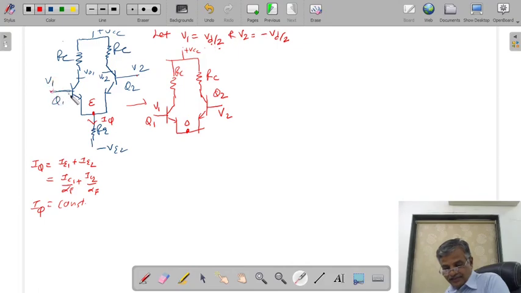Some voltage increases, some voltage decreases. When voltage increases, current increases. When voltage decreases, current decreases. So the total current remains constant, so the voltage drop across RE remains constant, or the potential at this point remains constant. Potential does not change with the signal. So this is considered as a ground potential or zero potential.